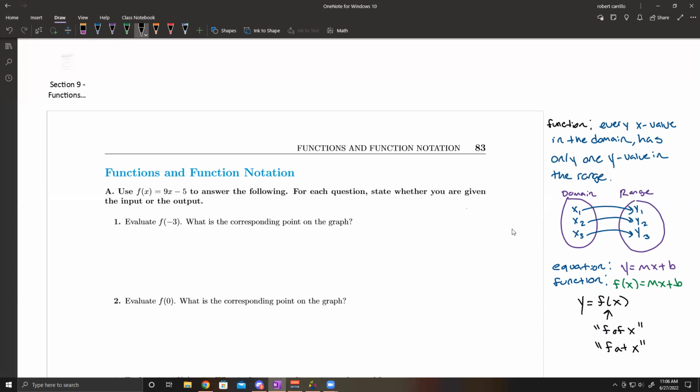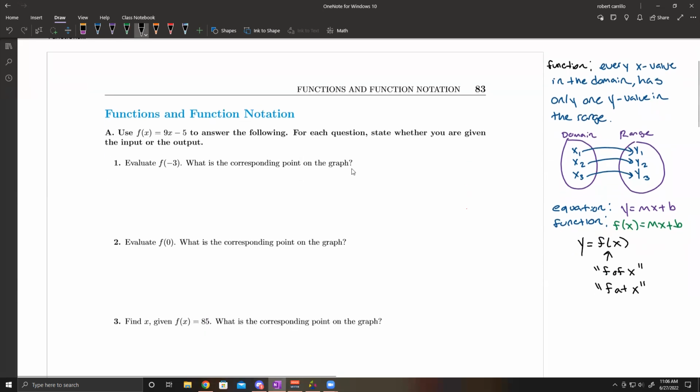Every x has a y, and every y depends on an x. So x is always the independent variable. I'll write that down too. X is always the independent variable, and y is always dependent, because y always depends on x.